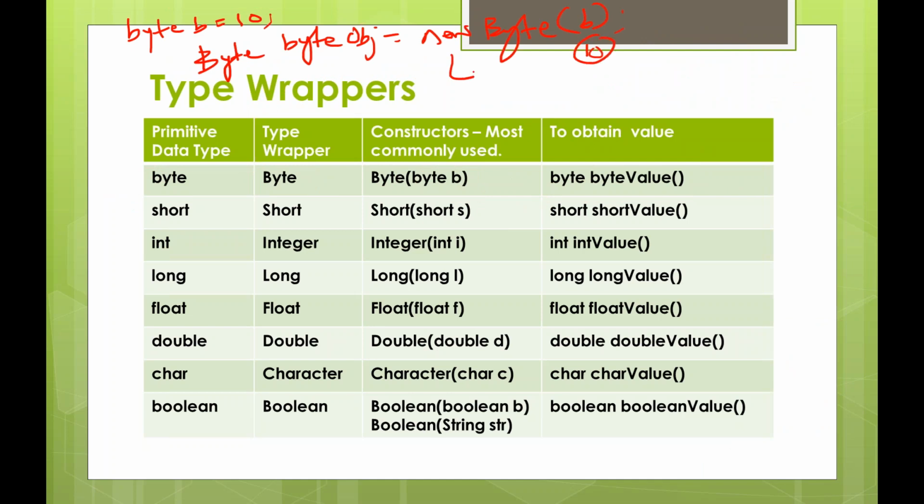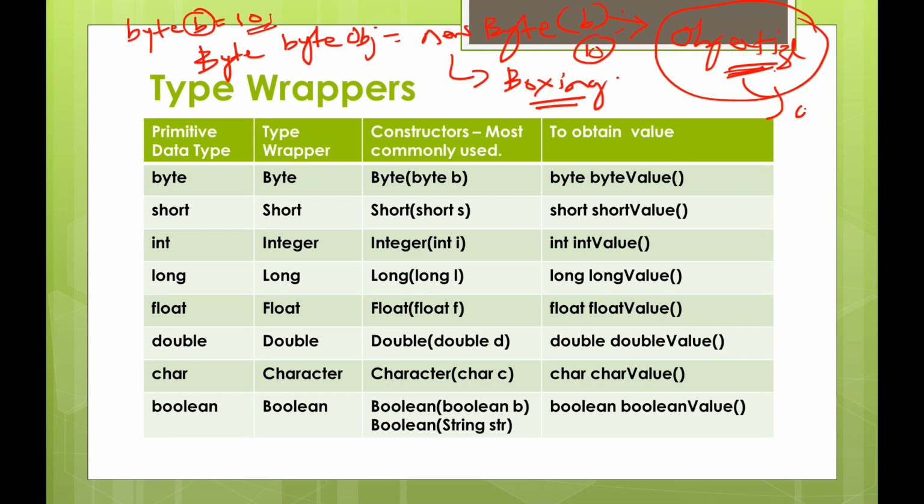This is called boxing. What are you trying to do? This value you are trying to objectize. You might not find this word anywhere, I'm just saying it. We're trying to convert the primitive type into an object. Objectizing, okay? That is what is called boxing.